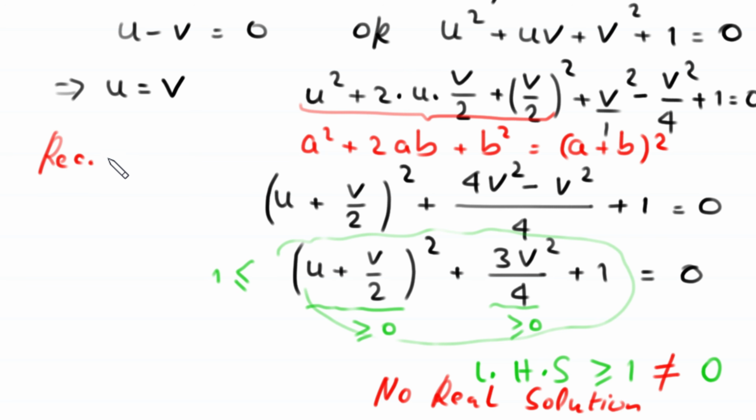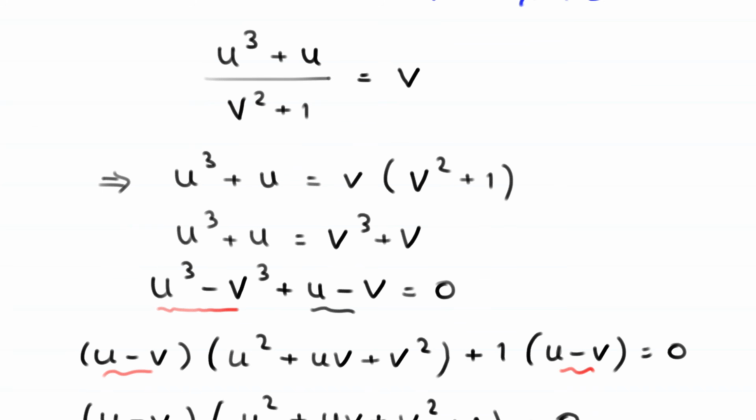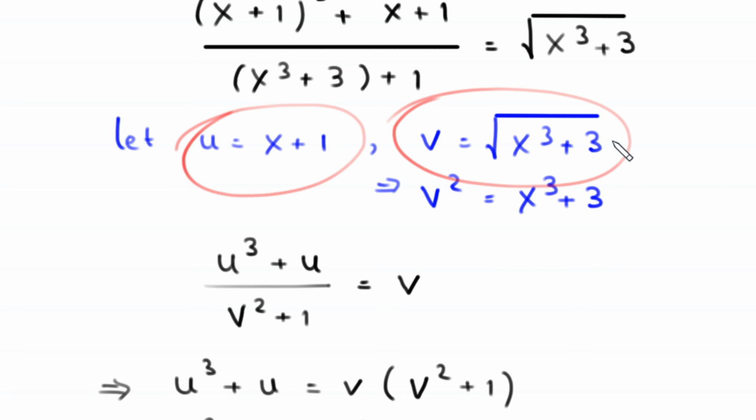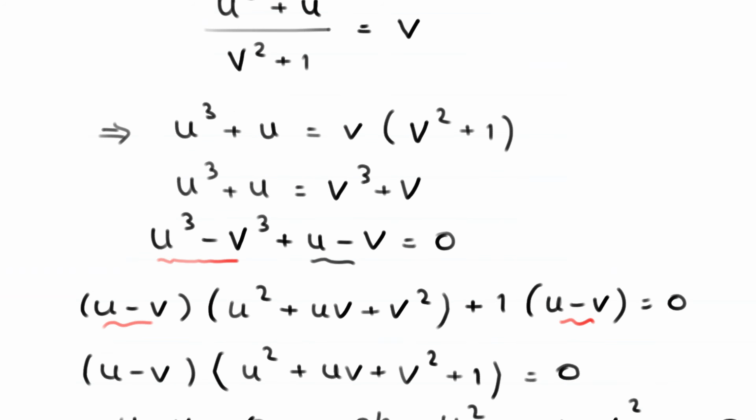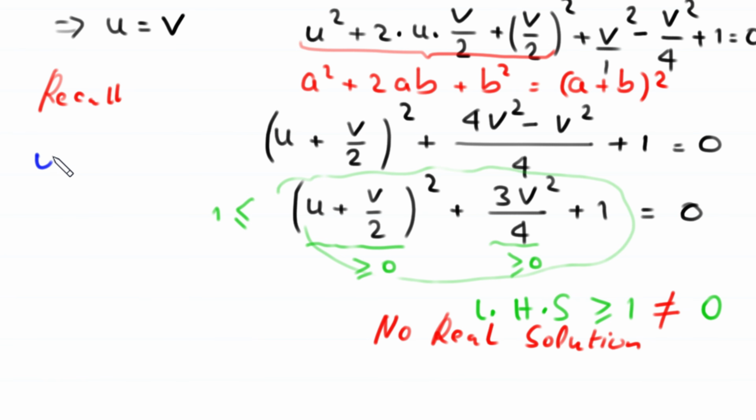Now recall that we have supposed that u is equal to x plus 1 and v is equal to the square root of x cubed plus 3.